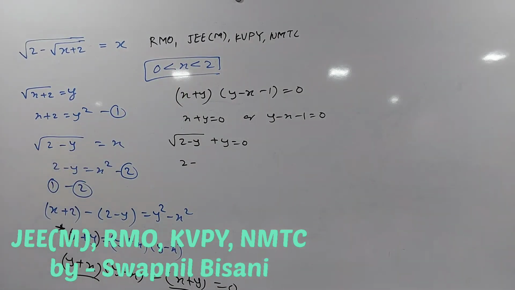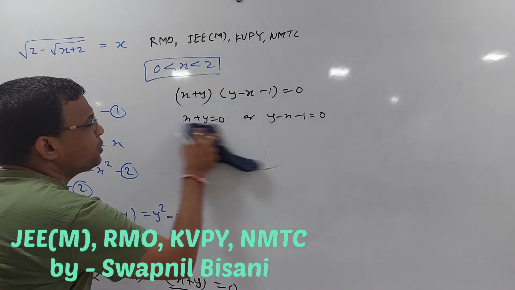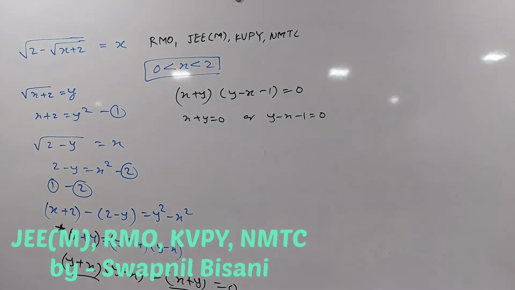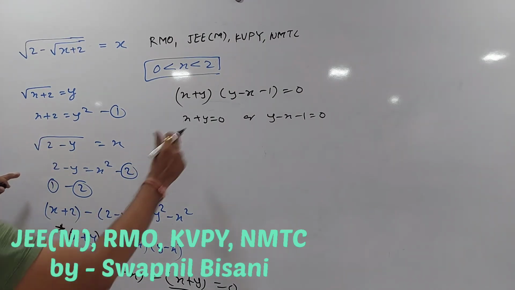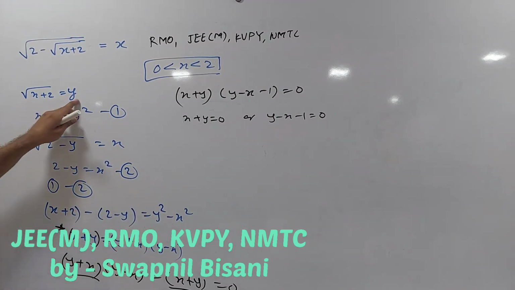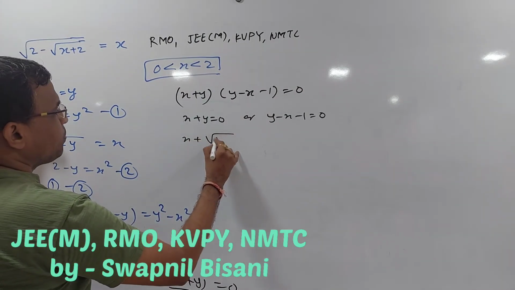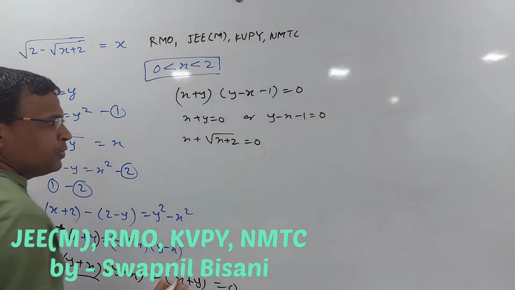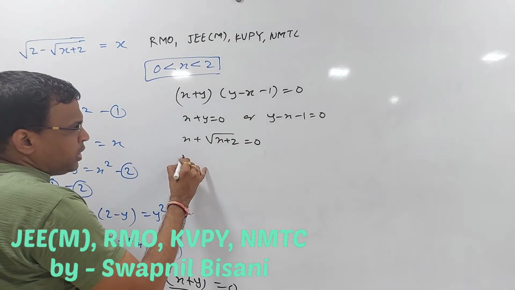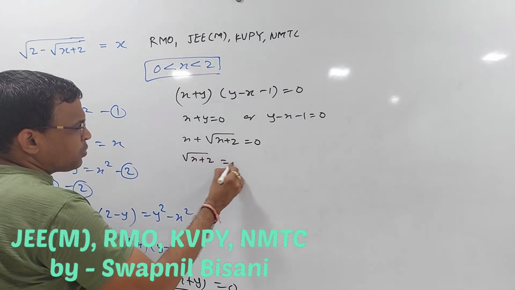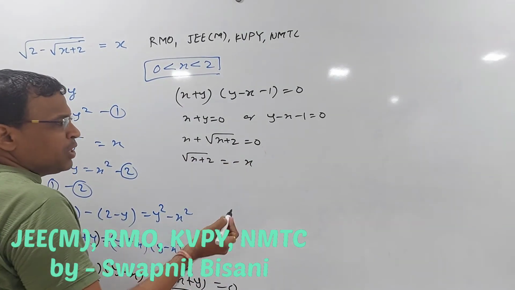So I will convert this in terms of x, because we have a domain for x, not for y. So what will be y? y will be root of x plus 2. So x plus root of (x plus 2) is equal to 0. Let me put it down like this: root of (x plus 2) is equal to minus x. Squaring both sides.